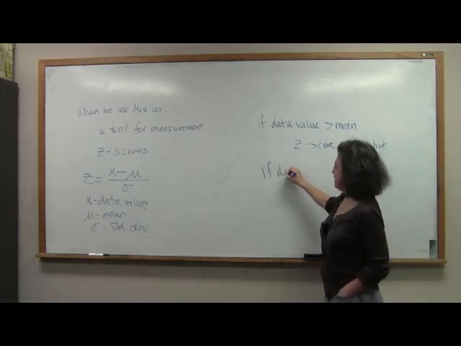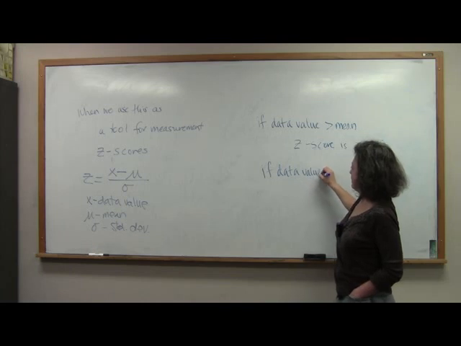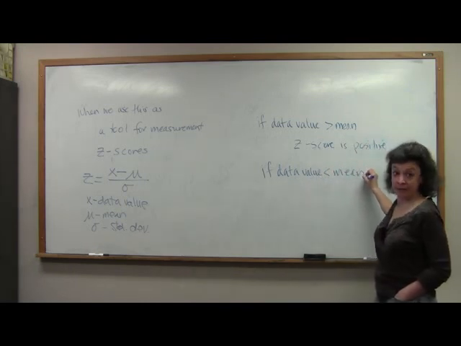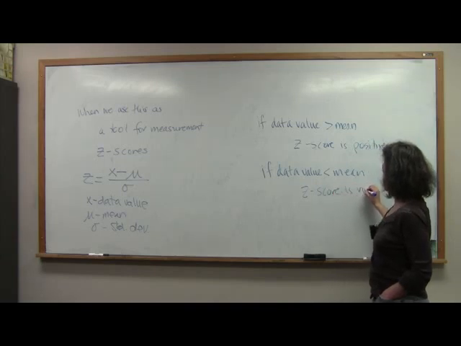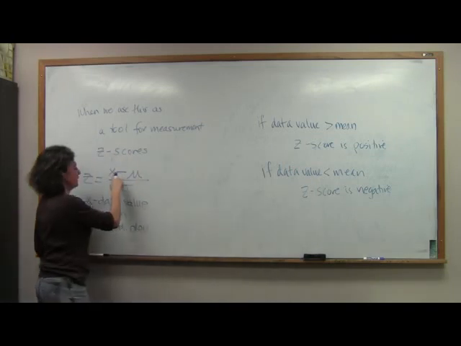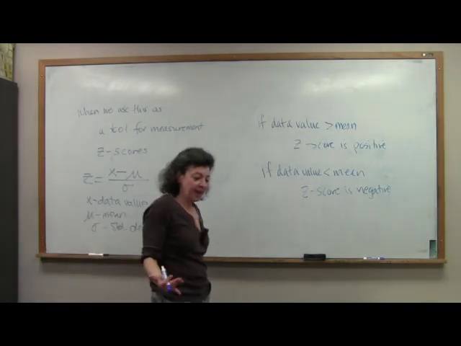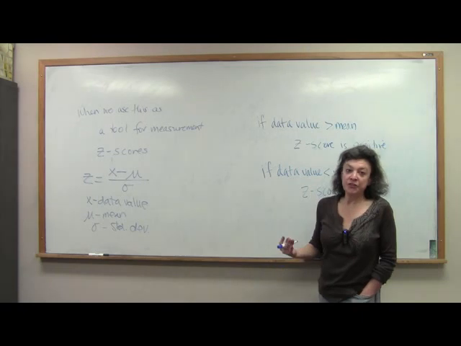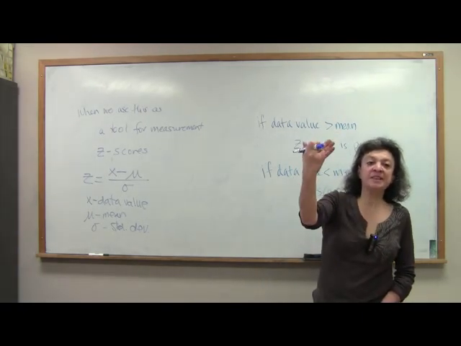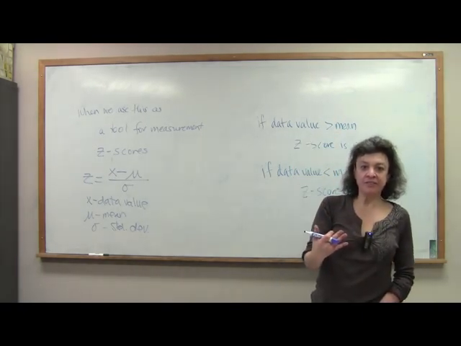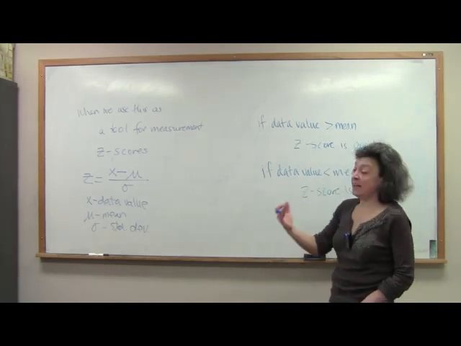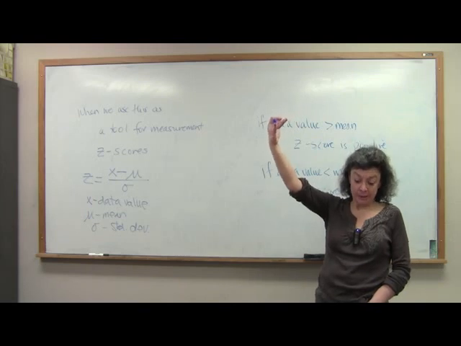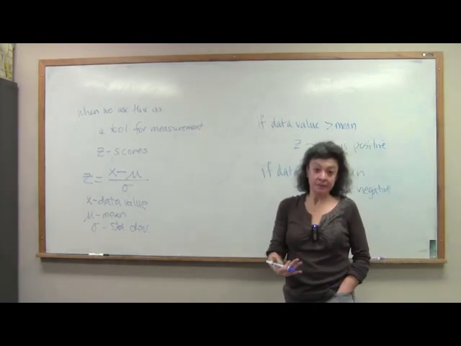Whereas if your data value is less than the mean, then your z-score is negative, right? If you're taking away something greater than what was there, you're going to have a negative number. So in terms of the sign, the positive versus negative of your z-score, all that tells you is if your data value is above your mean or below your mean. Okay?